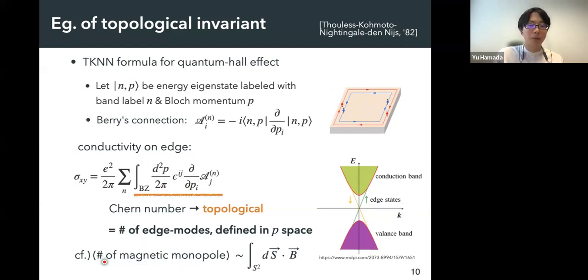For example, the number of magnetic monopoles is proportional to this quantity, the magnetic flux through a surface integral surrounding the magnetic monopole, and we know that this is proportional to the quantized flux of the magnetic monopole. And actually, this is the same expression of this integration. So we can see that this is also a topological invariant, and this corresponds to the number of the edge modes.